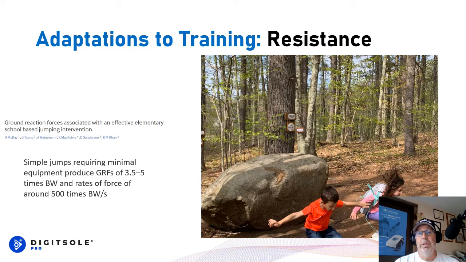So the rate of force development is extremely high, and the impact forces are extremely high. If you've got kids playing on playgrounds, jumping and running around, the forces aren't any more dangerous than what we might see in a supervised conditioning program. In fact, they're usually much, much less, at least until they start getting trained.